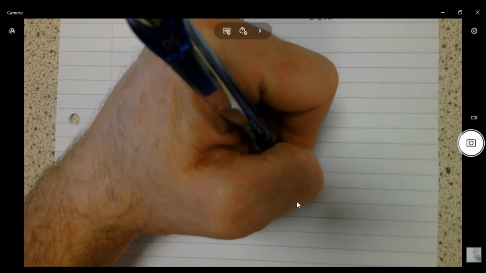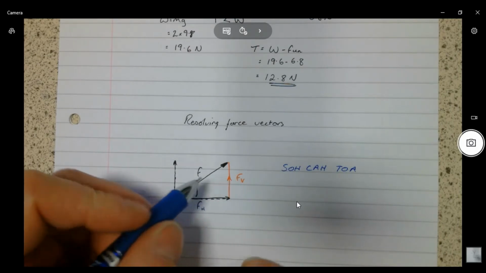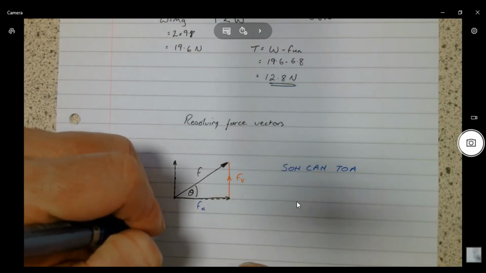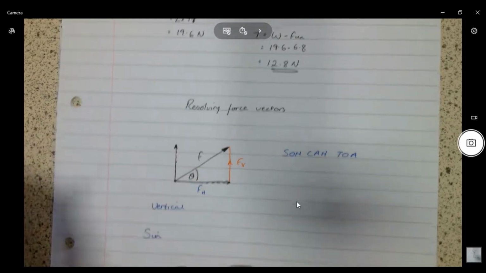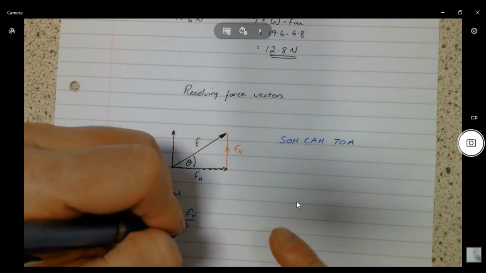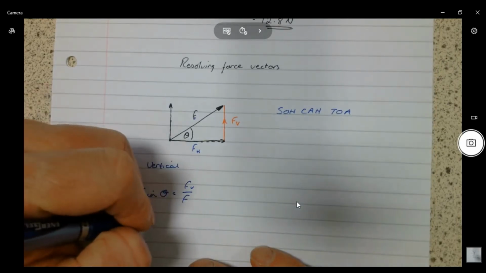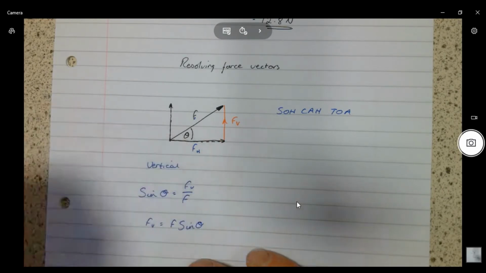Now we have SOHCAHTOA. So in this case, for force vertical, we have opposite theta, which is sine. So sine theta is equal to F vertical over the hypotenuse, which is F. If I rearrange this for F vertical, F vertical is equal to F sine theta.